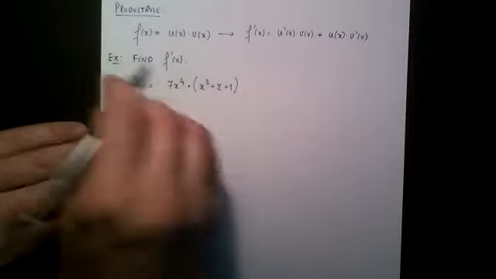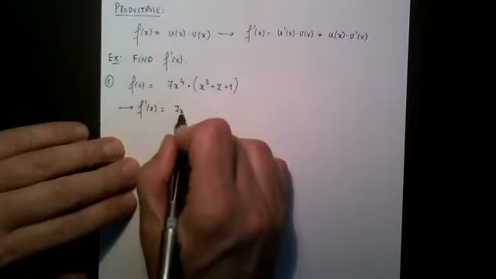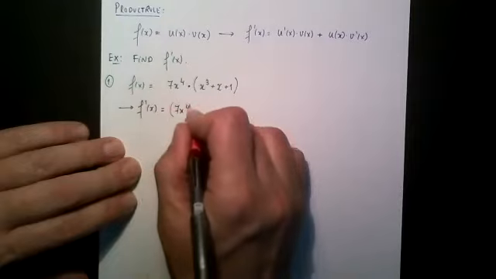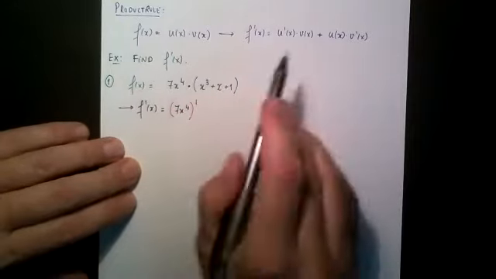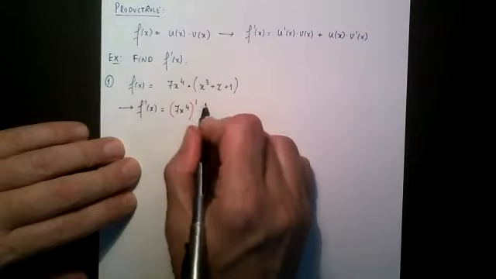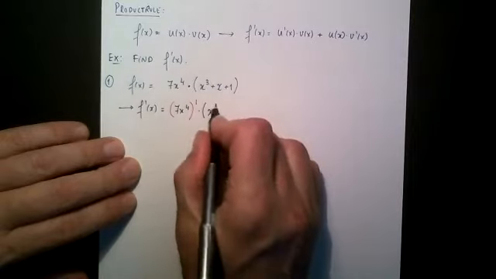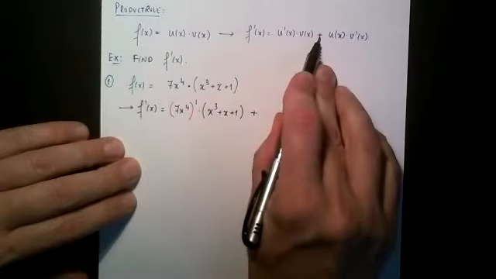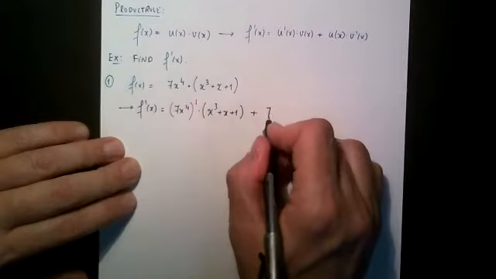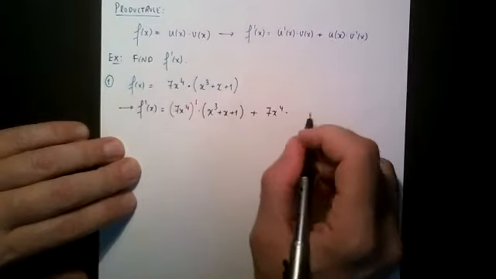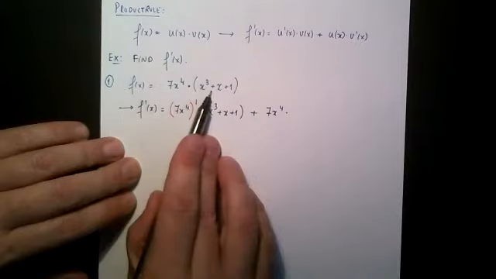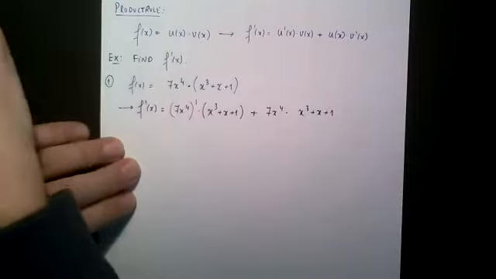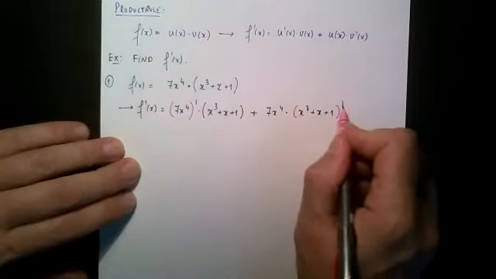Okay, so I have to do u prime, so 7x^4 prime, right, u prime, times v, which is x^3 plus x plus 1, plus u, which is 7x^4, times v prime, so x^3 plus x plus 1 prime.